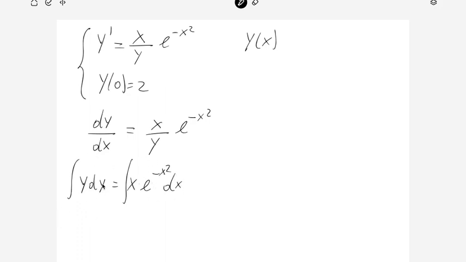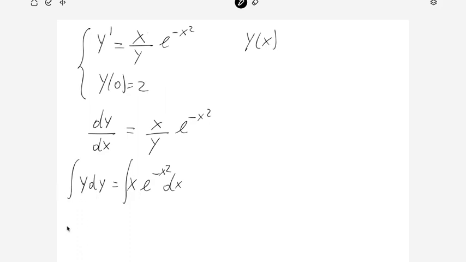This works just when we can separate the variables. For example, if I had x plus y, it doesn't work anymore because we cannot separate the variables. Or if we have, for example, e to minus x squared times y, we cannot separate. So if we can separate, we use this method. Now we have to compute these two integrals.